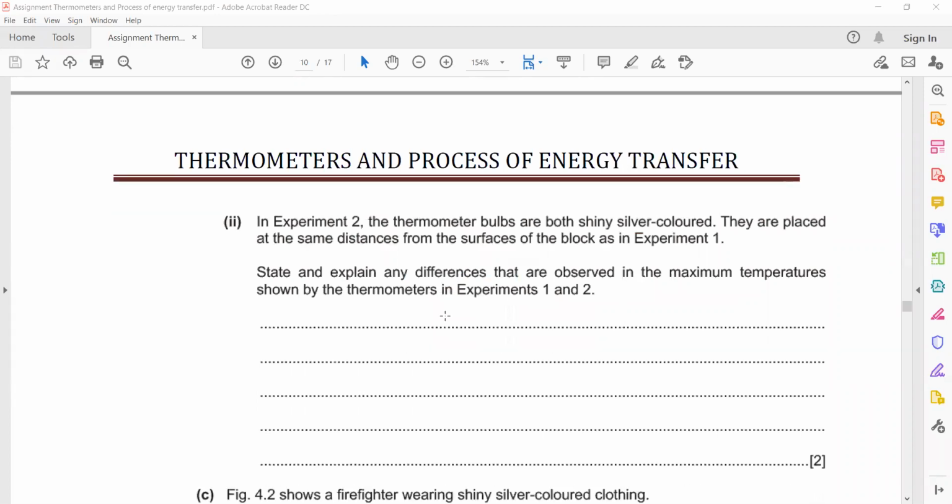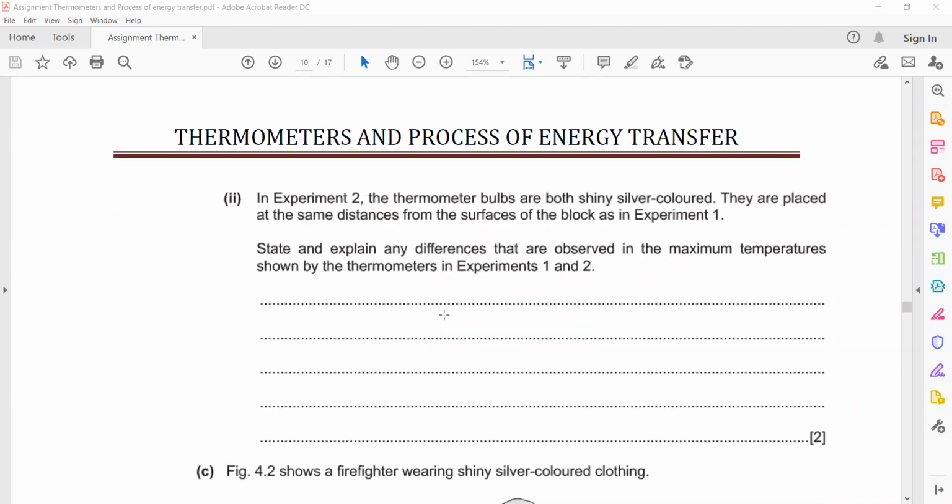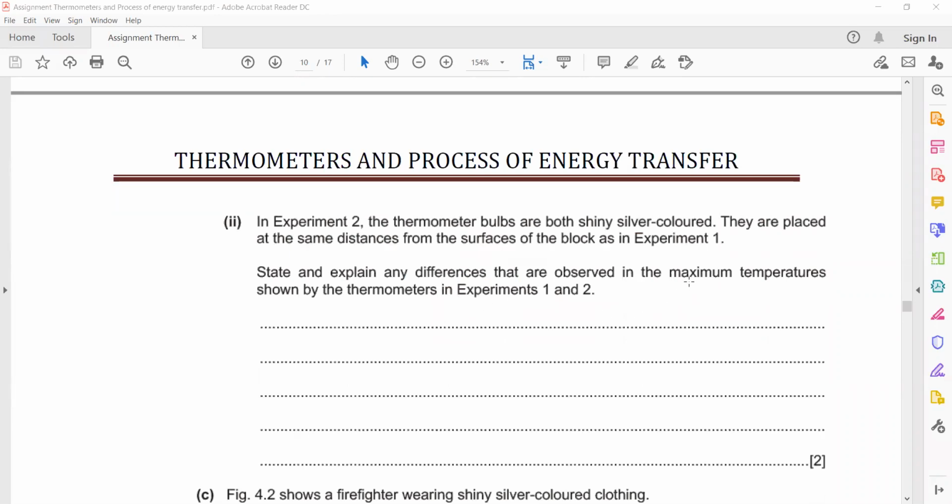They are placed at the same distance. State and explain any difference observed in the maximum temperature shown by the thermometers in experiment 1 and 2. What will be the difference if you are using a shiny bulb, compared to a dull or dark surface bulb?